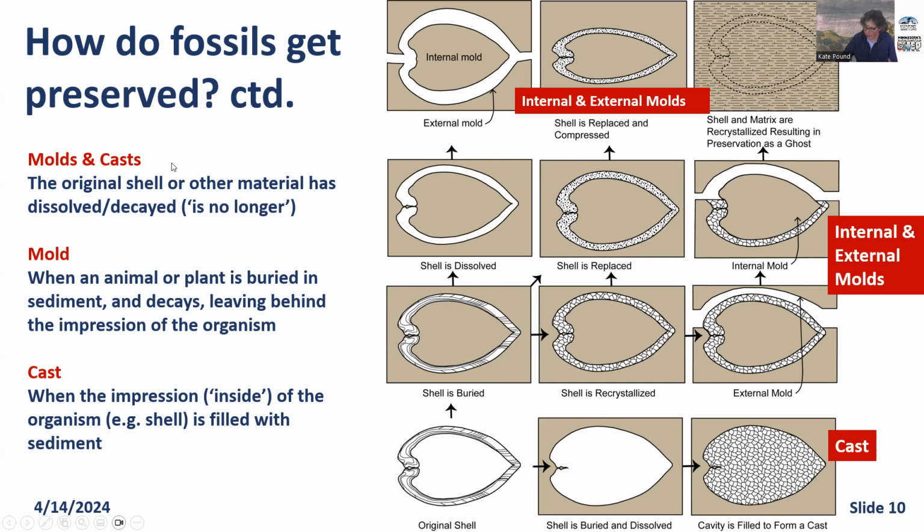So the simplest way of thinking about this is if we treat the original shell or other material as having been dissolved or has decayed. Essentially, it is no longer. Now, what do we end up looking at? First, we're going to consider casts. And a cast forms when the original impression or inside of the organism is filled with sediment.